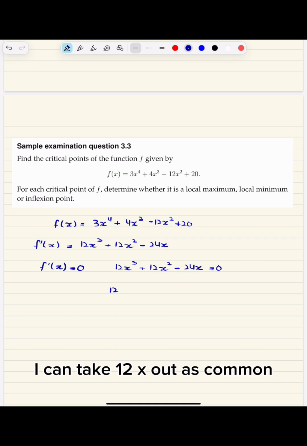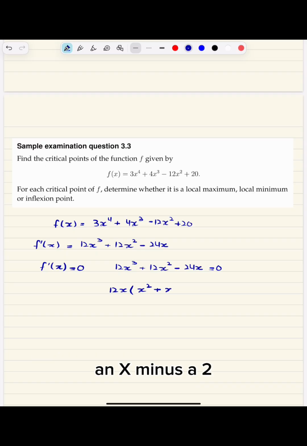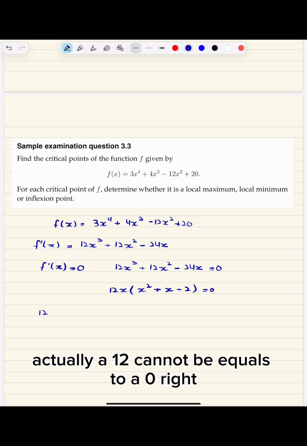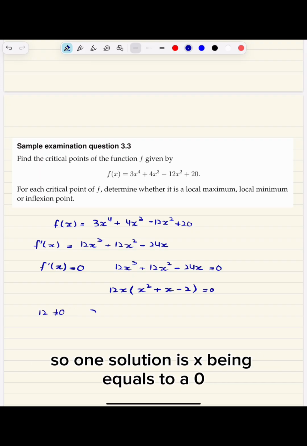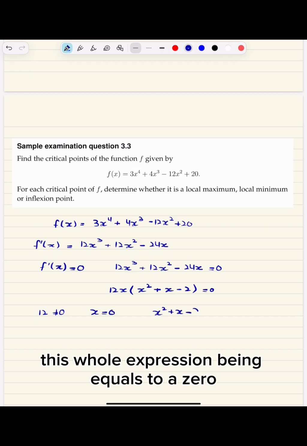I can take 12x out as common, which will give me x^2 + x - 2, right? So this gives us 12x. 12 cannot be equal to 0, right? So one solution is x = 0, and the second solution is this whole expression being equal to 0.